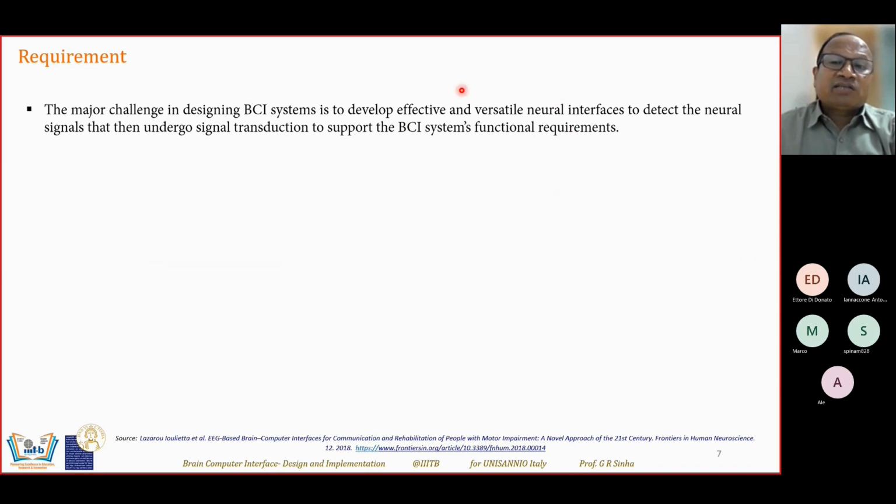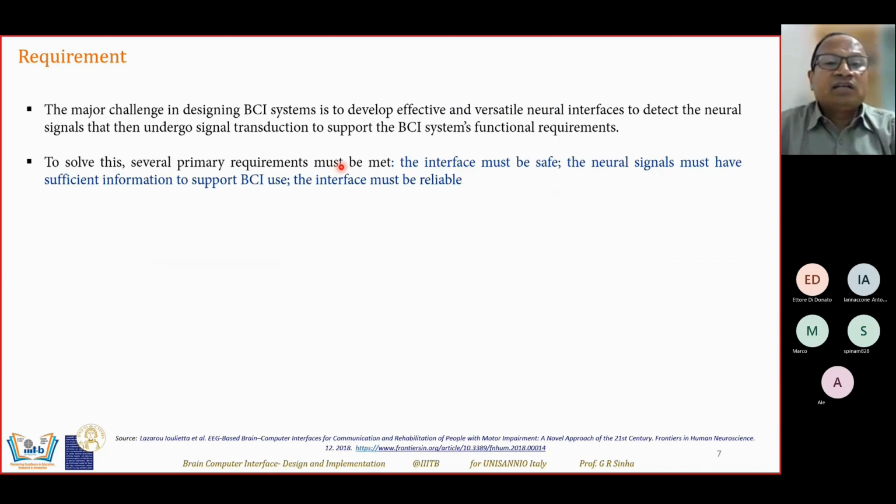So what is important is how we can design a versatile interface so that whatever the type of signal, whatever area is covered, whatever number of channels is involved, it can meet the functional requirement and be used to meet the objectives or the intended application of the user.